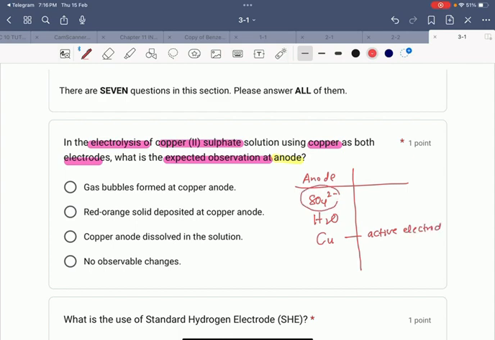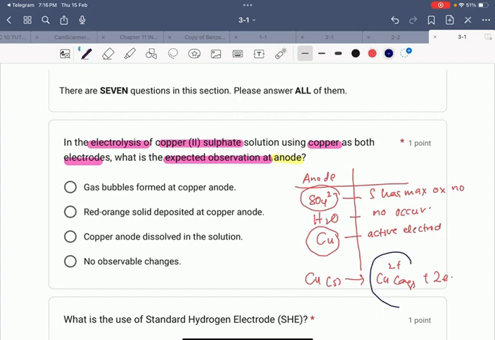So sulfate ion, we cannot choose this one because S has maximum oxidation number. H2O, we also do not choose, it does not occur, because we have an active electrode. So the active electrode will become dominant in this reaction. So copper will oxidize to become copper ion plus 2 electrons. So the product formed at the anode is copper ion.